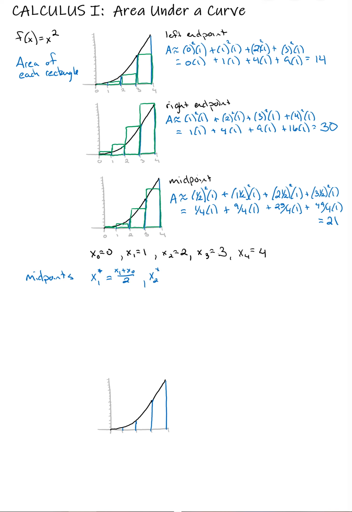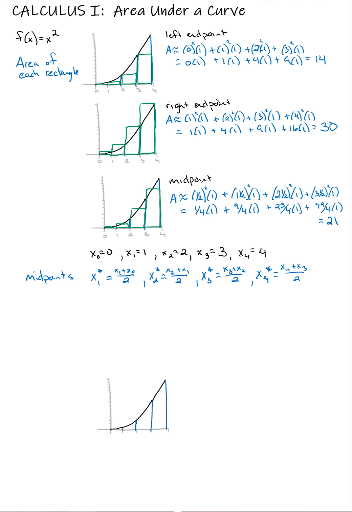X sub 2 star is going to be halfway between x1 and x2. So x2 plus x1 divided by 2. The point that we'll select in the third interval, x sub 3 star, means that we take x sub 3 plus x sub 2 and divide by 2. And then finally, in our last interval, it's halfway between x sub 4 and x sub 3.